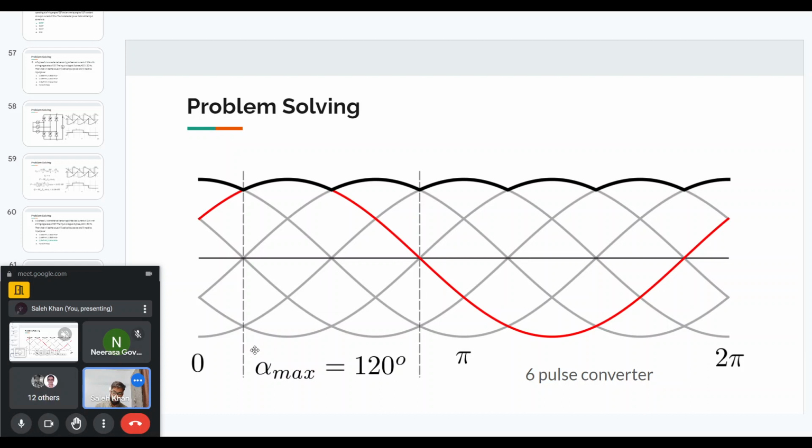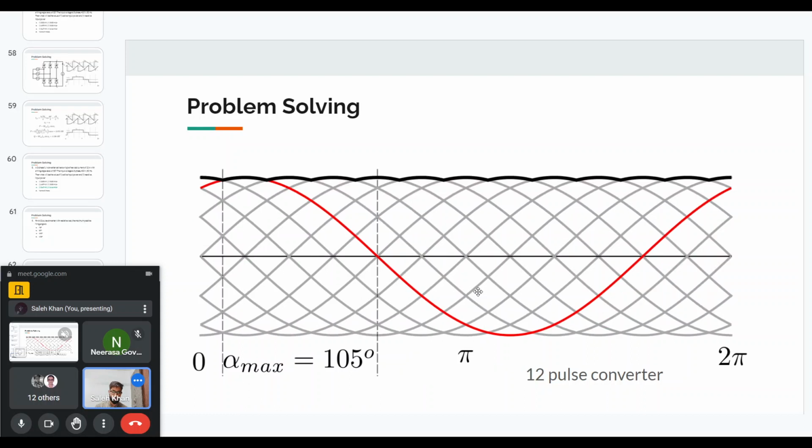But for an alpha angle beyond 120 degrees, we will not get any output voltage, because you can see the voltage in red goes negative. Beyond alpha max equal to 120 degrees, the red voltage goes to the negative portion, and because of the resistive load we cannot have the negative voltage. So this was for a 6 pulse converter.